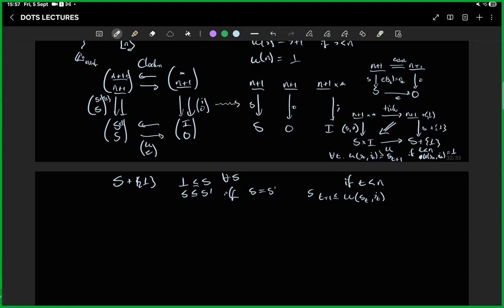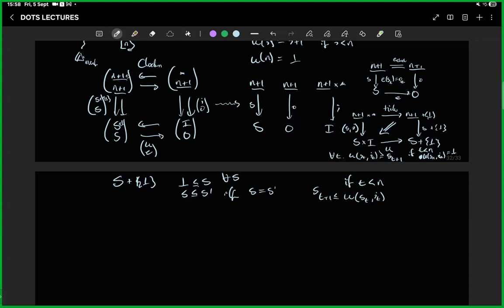But now note that if S of t plus 1 isn't bot, then this says that they're equal, unless we update into halt, in which case we also have to halt.